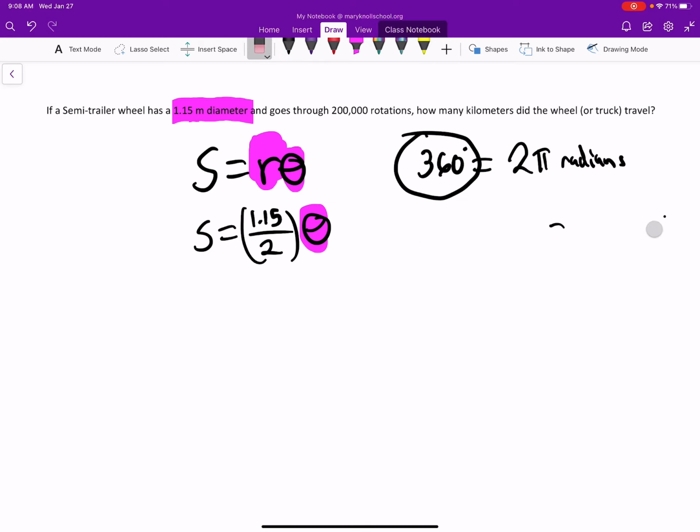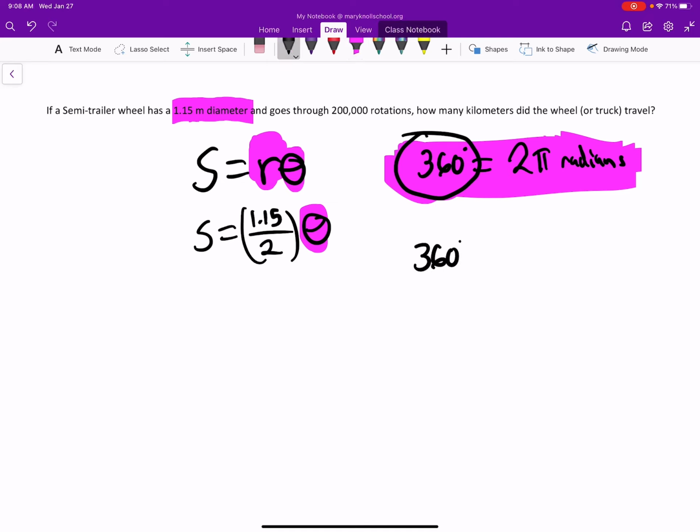So what we're going to do now is start right here, and let's get rotations involved with this equation. 360 degrees equals 2 pi radians. It's good to start where we know something is true. We know this is true.